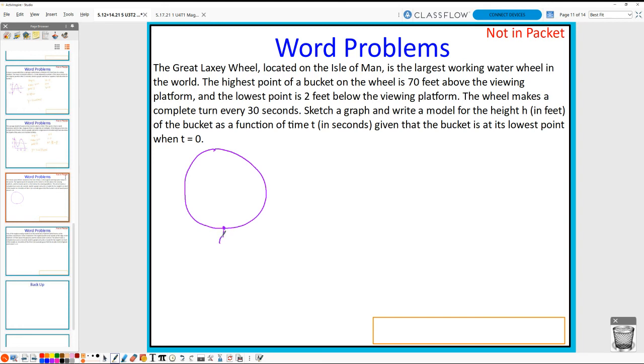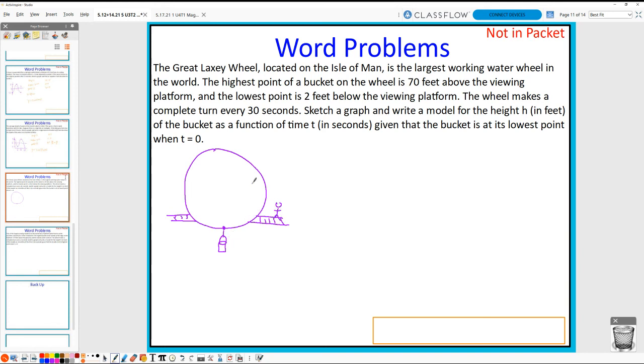So I have some bucket here, and it's going to go around and around, and in this case, there is a viewing platform, some walkway where people can stand and marvel at this amazing water wheel.